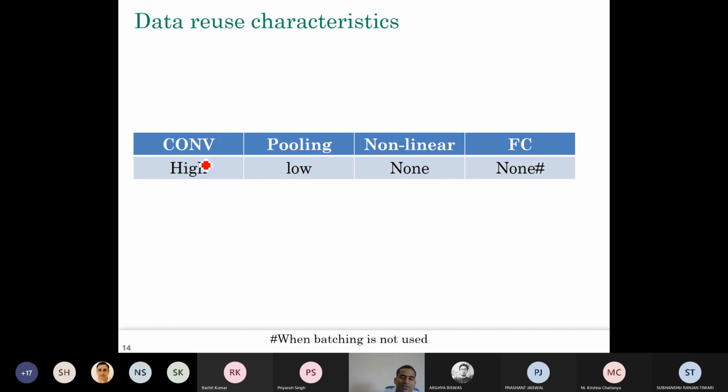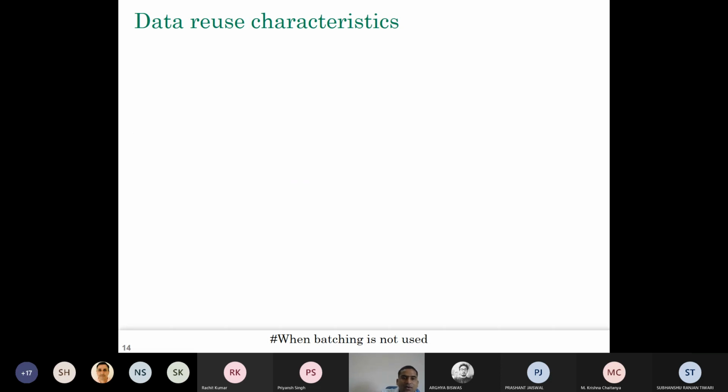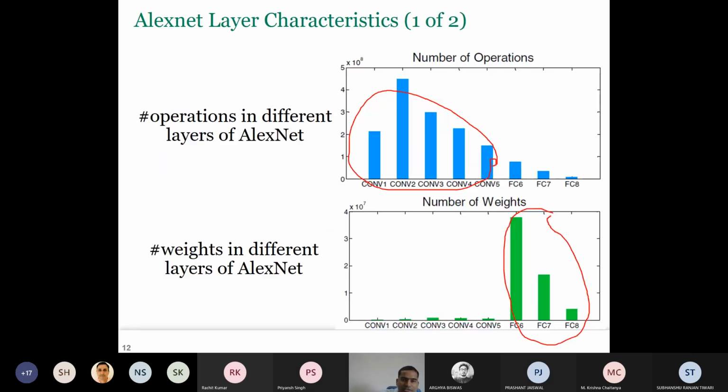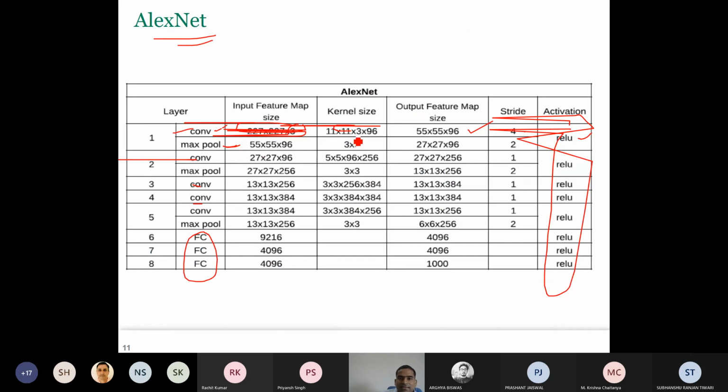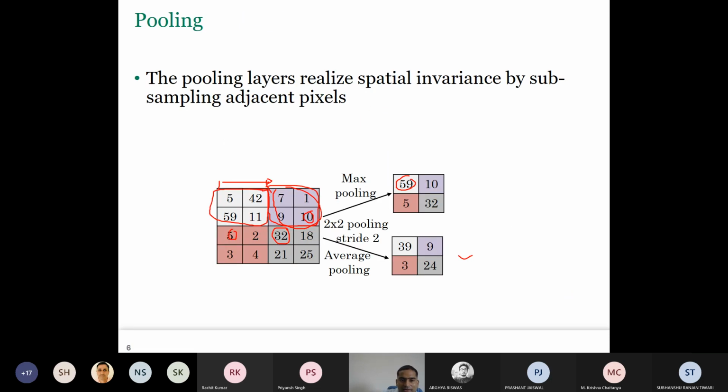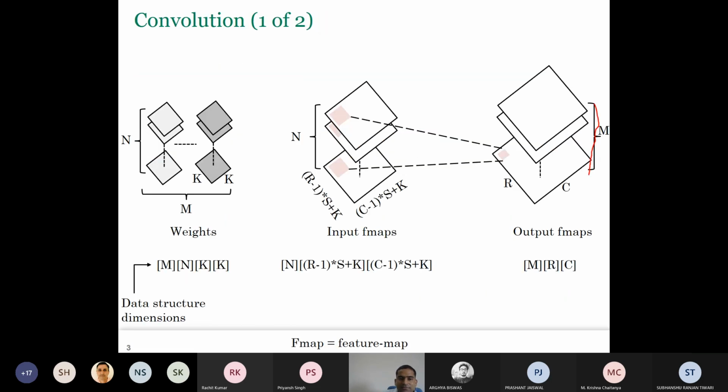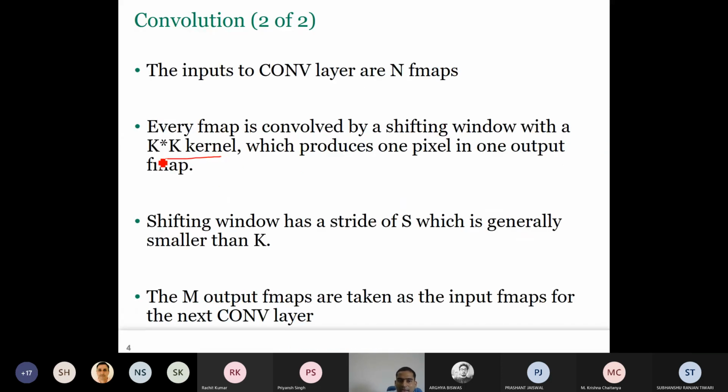First of all, there are many types of data reuse. If you come here, it will be easier. For example, you see these weights. We have one kernel filter, a shifting window with a k cross k kernel.